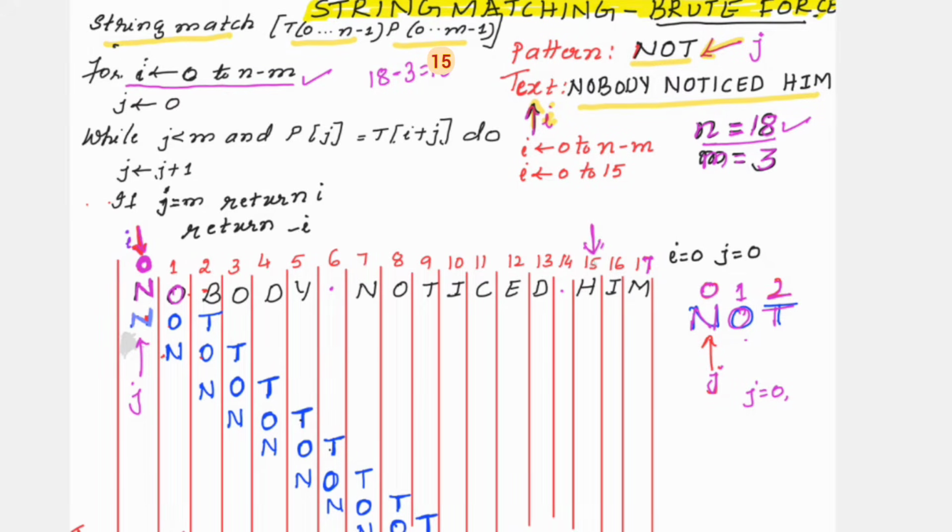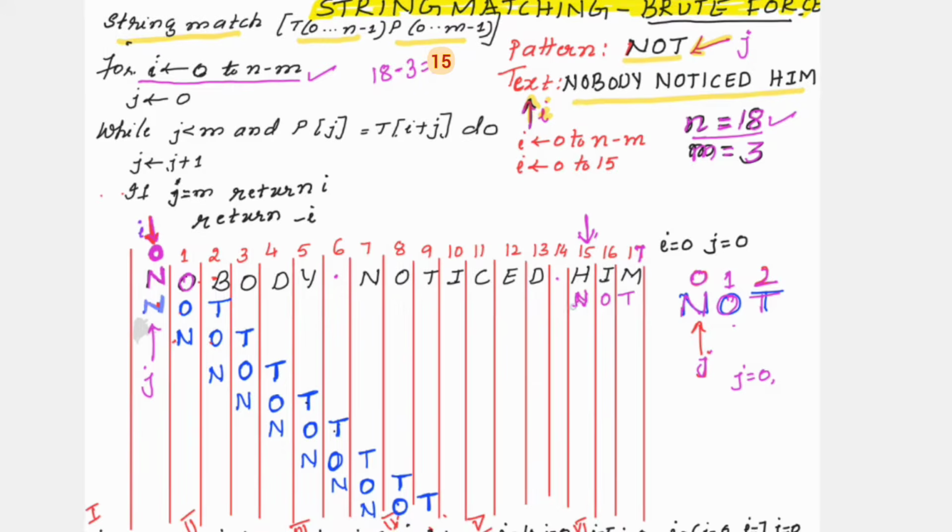The reason is, if a pattern is present in the last 3 letters, suppose the last 3 letters of the text were NOT instead of HIM, and your pattern comes to this position, when you try matching N with the N of the text, it matches. When you try matching O with O of the text, it matches, and when you try matching T with the T of the text, it matches.